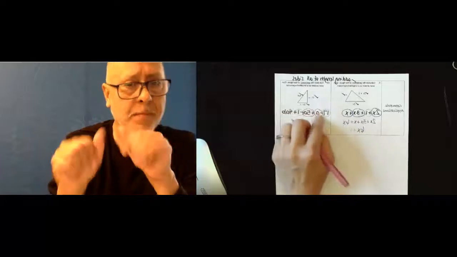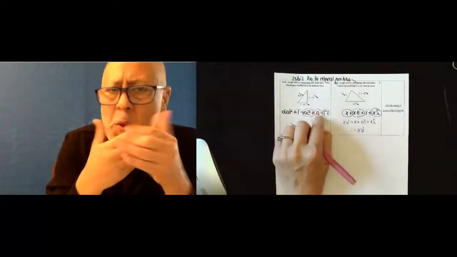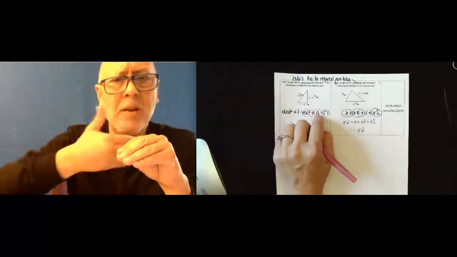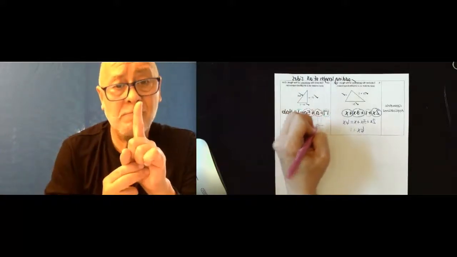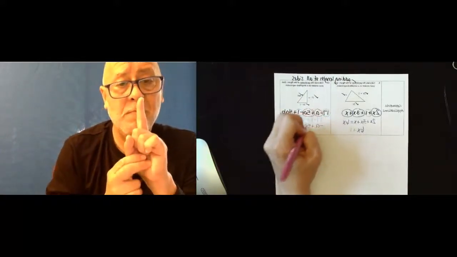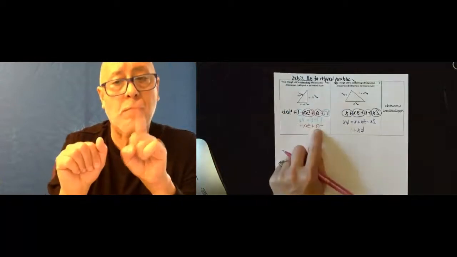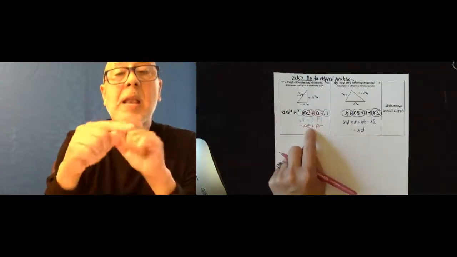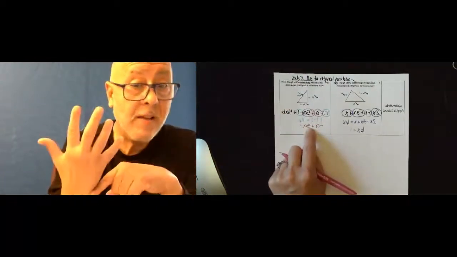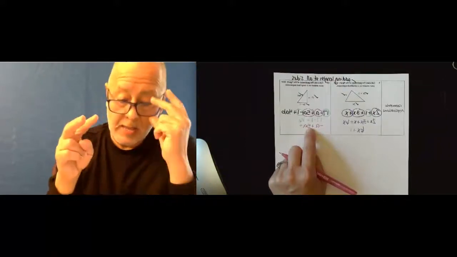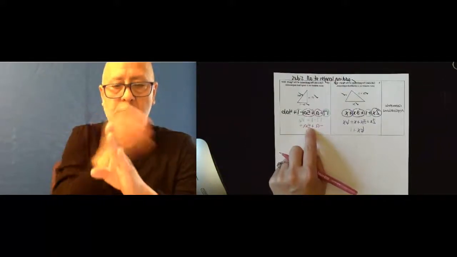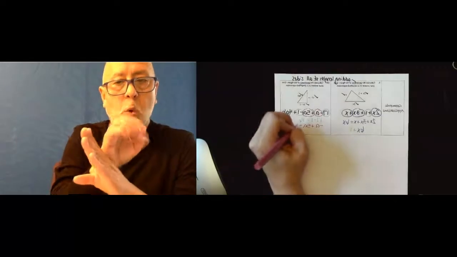Remember, no number in front of it, so it really means there's a 1 there. So we're really saying negative 1 plus 5 if I'm just looking at the coefficients. A negative 1 plus 5 gives me a positive 4.